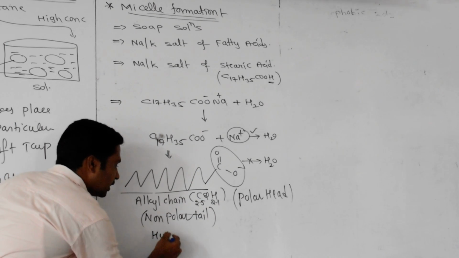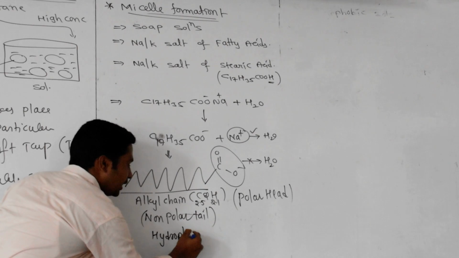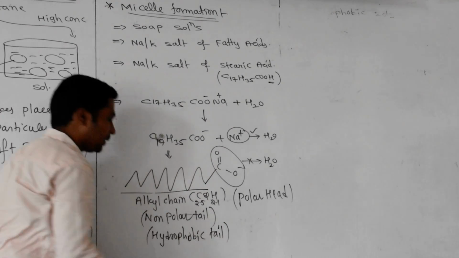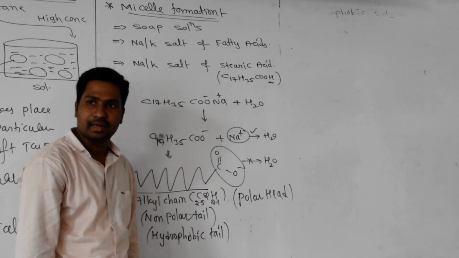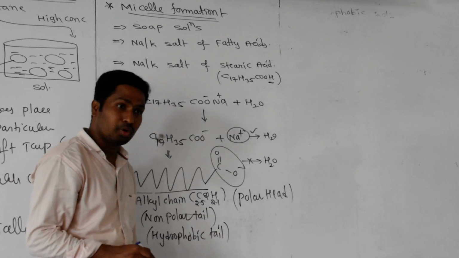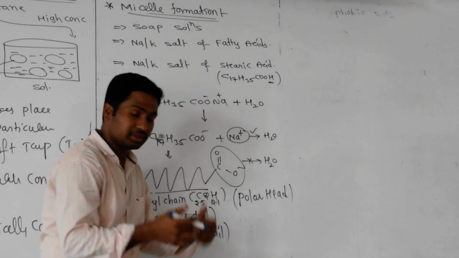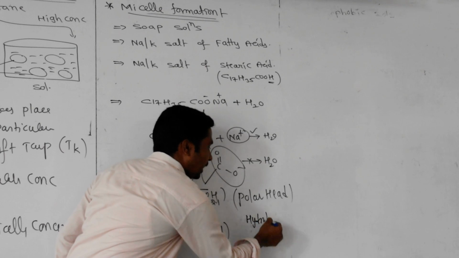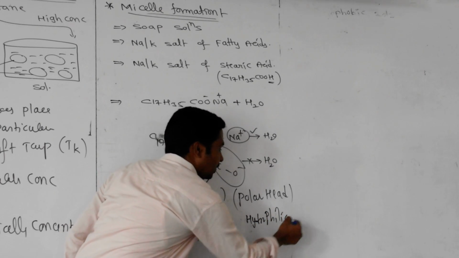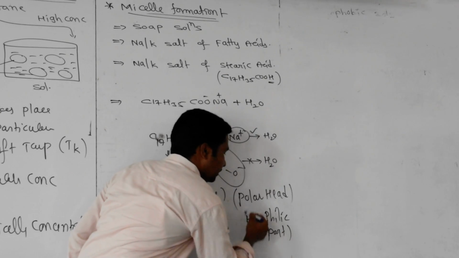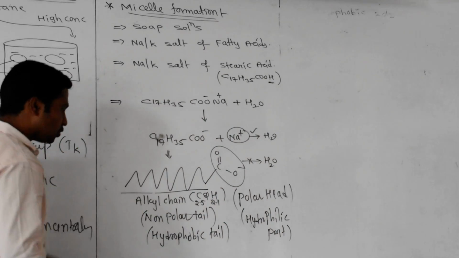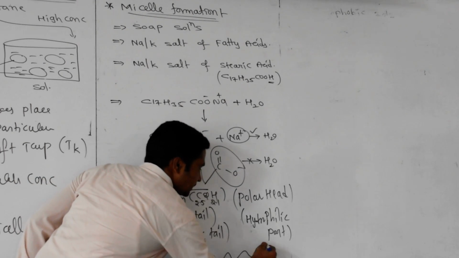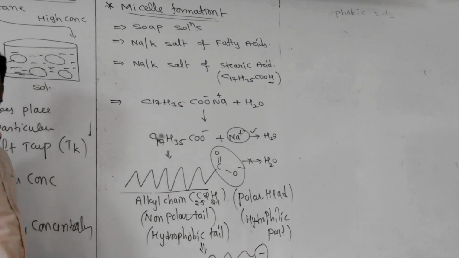That's why the non-polar tail is also called the hydrophobic tail, the hydrophobic part. But the polar head is polar, and water is polar, so they mix with each other. That's why the polar head is hydrophilic in nature, the hydrophilic head. We can show this in a shortcut way: the tail will be there and this is the head. Are you getting that now?